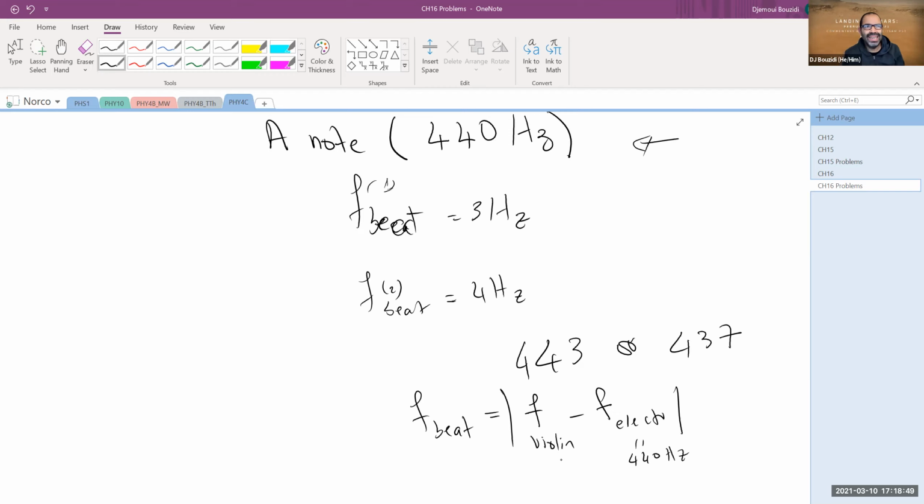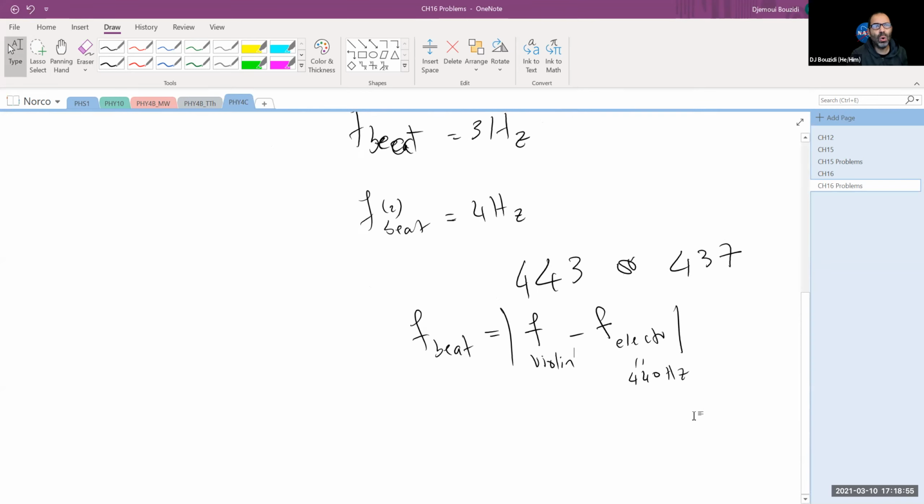That means now the tension in the string is higher. Since the tension is higher, and these are standing waves, because both ends of the string on the violin are fixed. So this is actually a fixed end. Whatever that note is, it's a standing wave there.